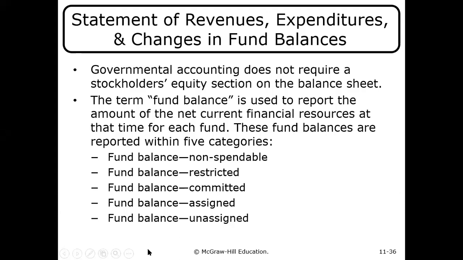And then fund balance unassigned is normally found in the general fund and reflects any amount of financial resources that has not been designated externally or internally. So this amount is available to government officials for any purpose viewed as appropriate. So we need to make sure we define each of those items on our balance sheet.